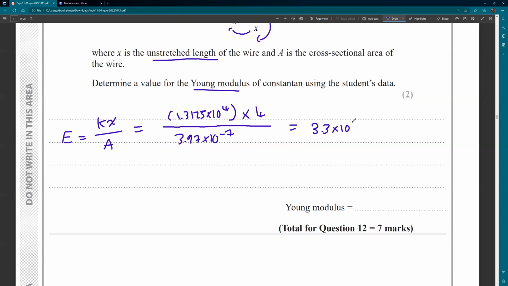Sorry, I made a mistake. I forgot to multiply by 4. So I get 1.3 times 10 to the 11 pascals, because pascals is also the unit for Young's modulus, or you could say newton per meter squared. Good, so this will be my answer to 2 significant figures.